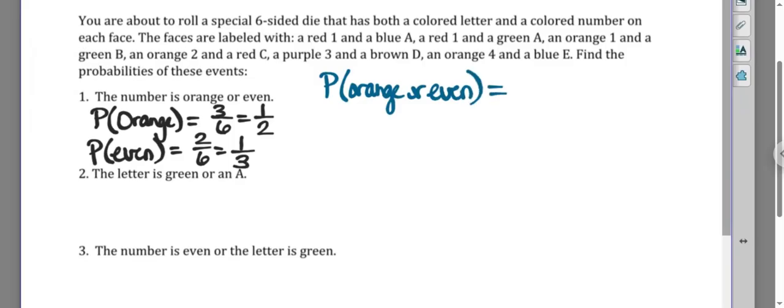Orange or even. So we're going to start with adding the two probabilities together. Then we're going to subtract the probability of an orange and an even. So how many are orange and even? 2 out of the 6.